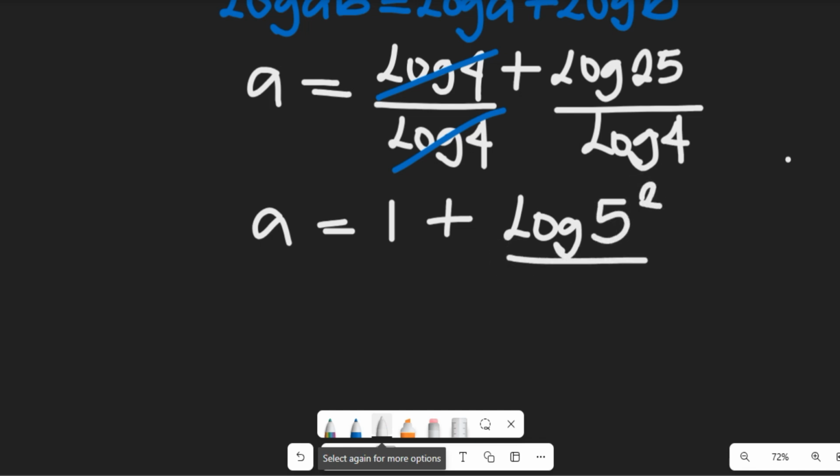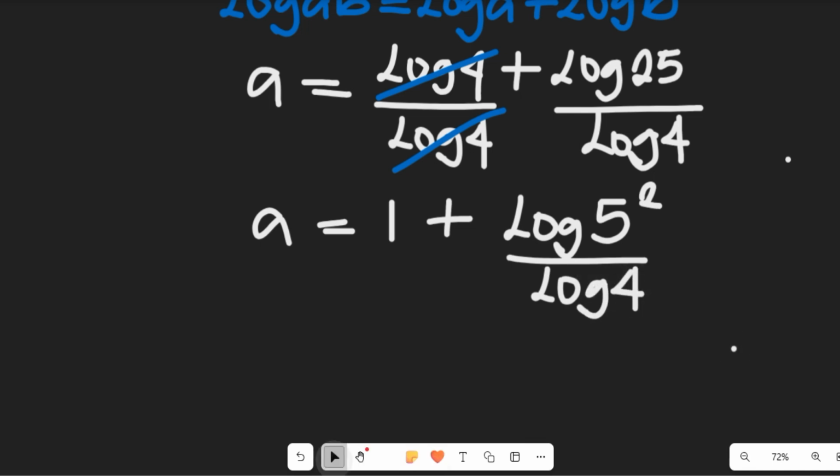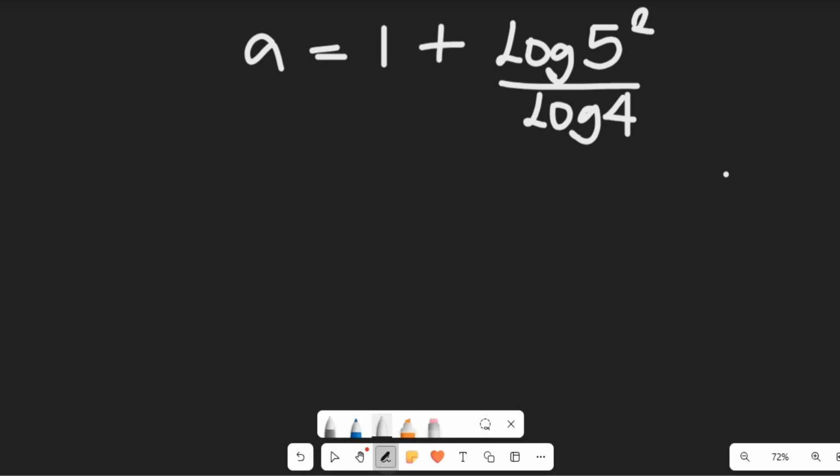And that will be divided by the log of 4, right? Great. Now, in the next step, we're going to simplify. If we simplify this, it is going to give us a equal to 1 plus, using the law of logarithm, 2 log of 5, right?